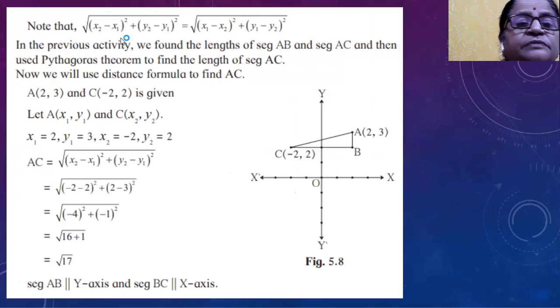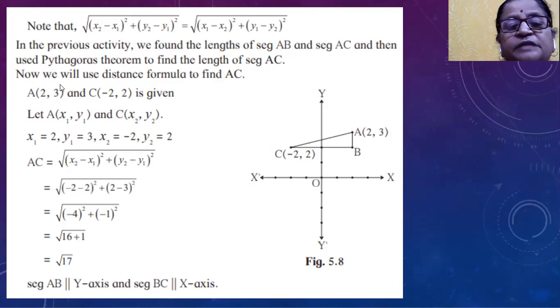Here, using these points given, the segment AB and segment BC, and the Pythagoras theorem, we are going to find the length of AC. So here the coordinates of 2 points are given.